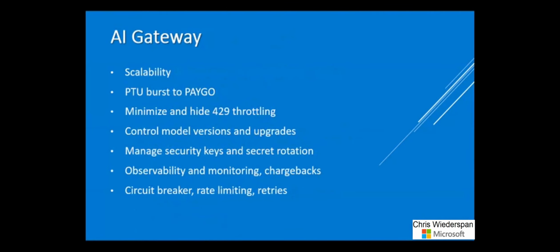So this is a critical piece of how you build these applications: this notion of an AI gateway. I don't think this is a Microsoft-specific concept. There's a lot of focus on this here. The idea is that I'm basically going to take a gateway. You generally know what a gateway is, or a proxy, or API management, call it whatever you want.